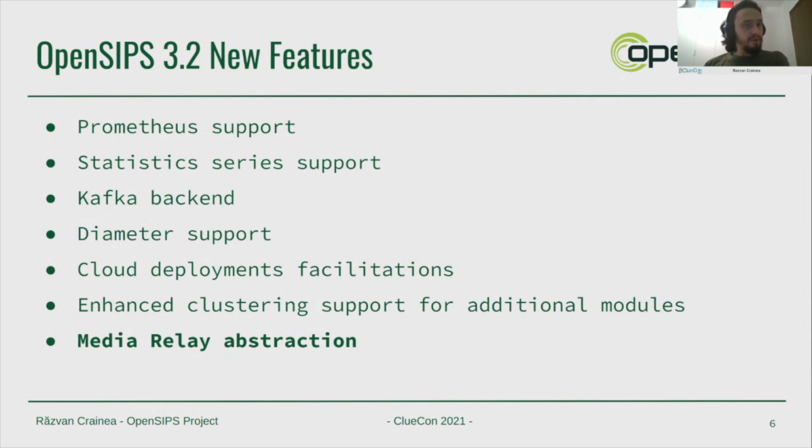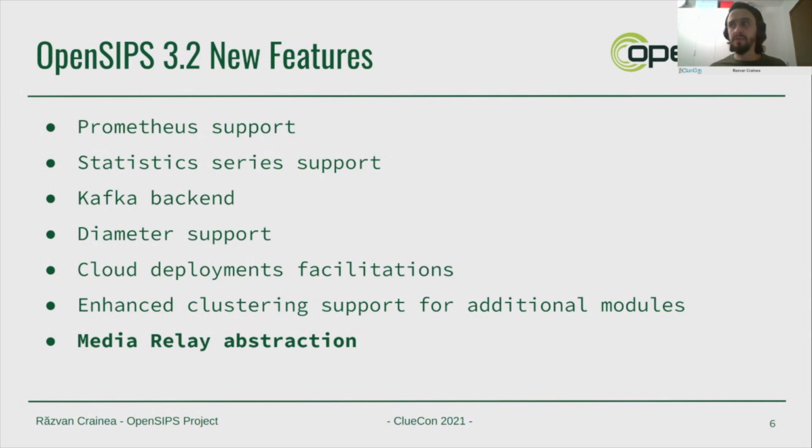As I said, I hope most of you know what OpenSIPS is and what OpenSIPS can do. Today I will be talking about stuff that we've developed in OpenSIPS 3.2, some new features. First of all, we worked on some statistics improvements. We added built-in Prometheus support.